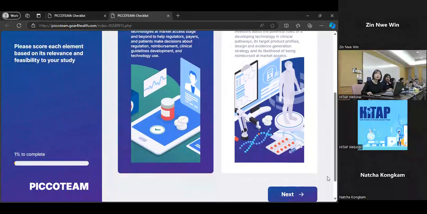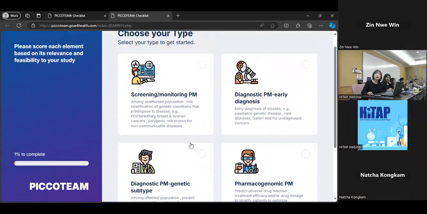So I'll click this, and our FH care project actually has overlapping indications.